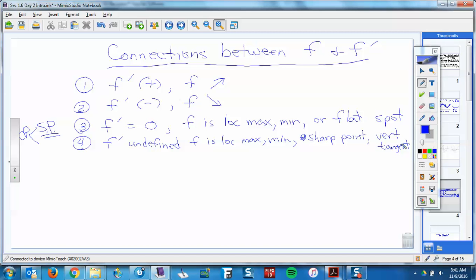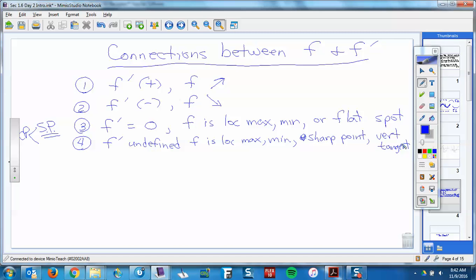That would still be a place where the slope could be possibly undefined, where it might not be at a minimum. So the slope could be undefined there. It could take a turn and not be a local max or min. So I would call that a flat spot, though, okay? Because a flat spot is where it's horizontal, so the slope is 0.